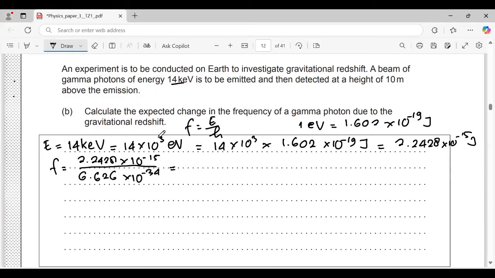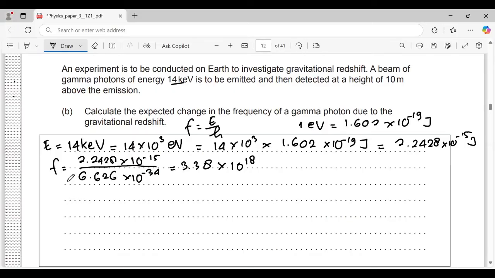And if you calculate, the result is 3.38 times 10 to the power 18. This number, 6.626 times 10 to the power minus 34, is the Planck constant. That is h.